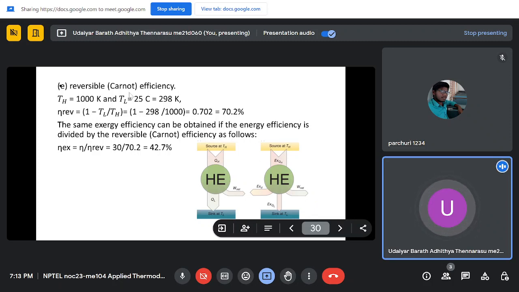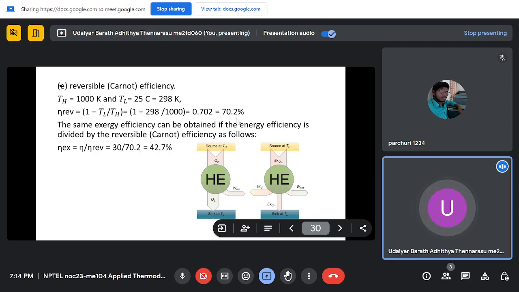And as I said, for the reversible Carnot efficiency, you know the source temperature is 1000 Kelvin, and you also know the ambient condition is 25 degrees Celsius, which is 298 Kelvin. So the efficiency of the Carnot cycle is 70.2%. If you remember, the exergy in which is coming in was calculated as 70.2 kilowatt, because the energy coming in is 100 kilowatt.